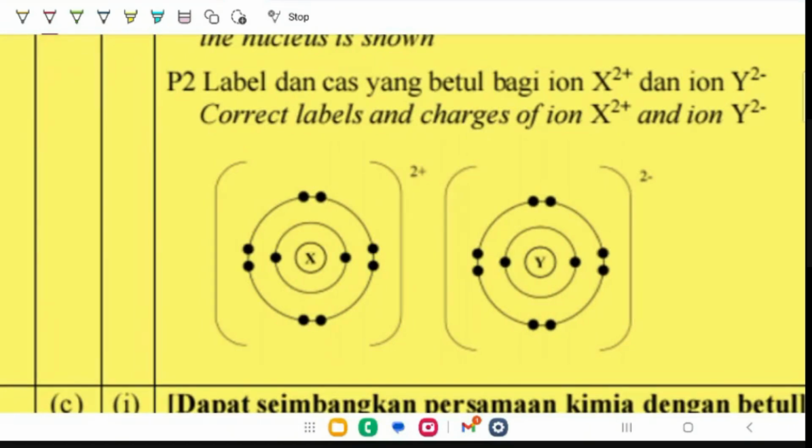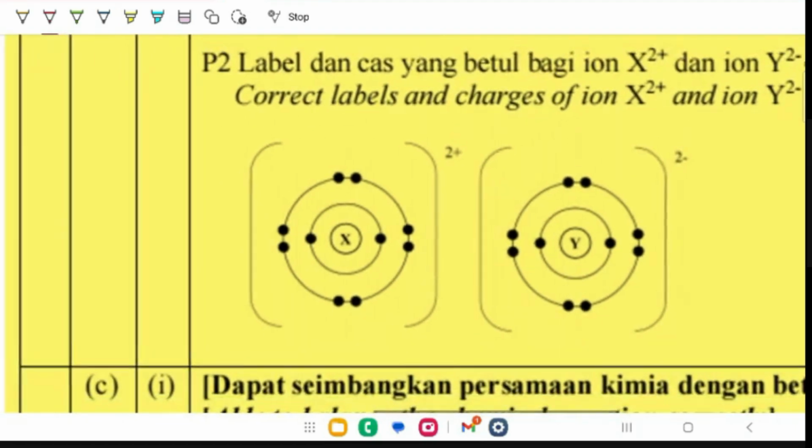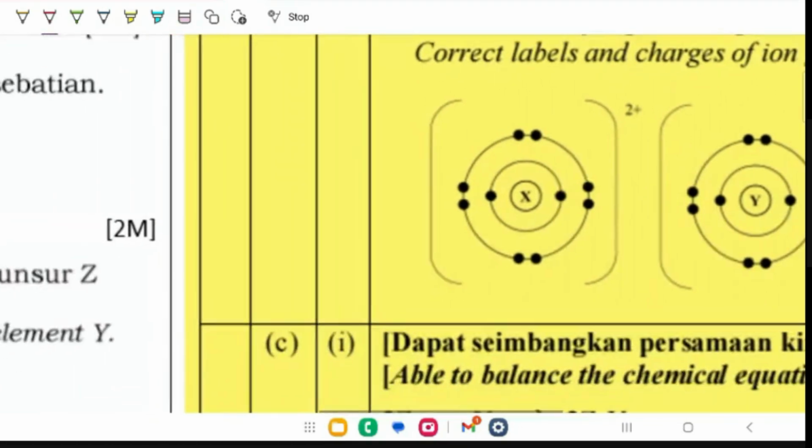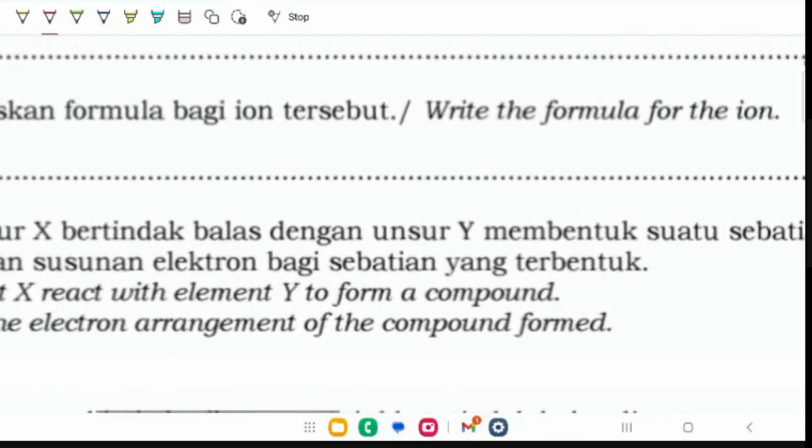All using the dot to represent the electrons. Also accepted, it's okay, or you use all the crosses, also can. 2 positive, 2 negative. Any question for this? Okay, next.